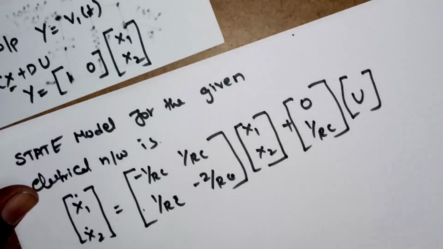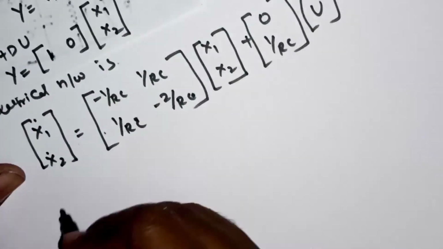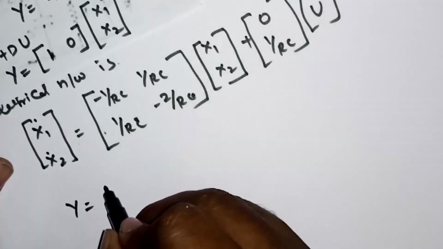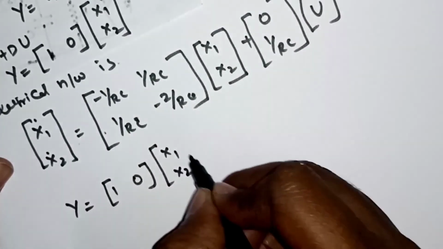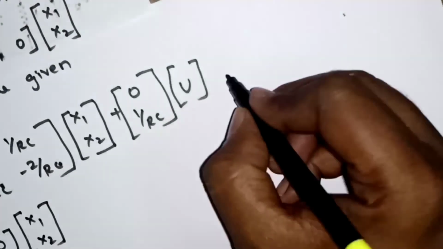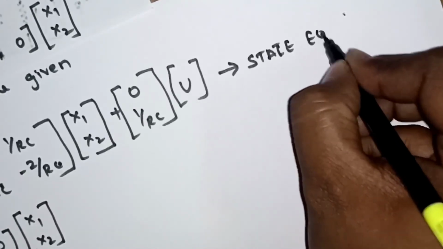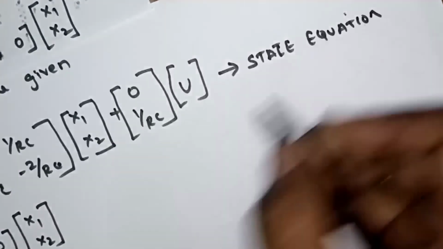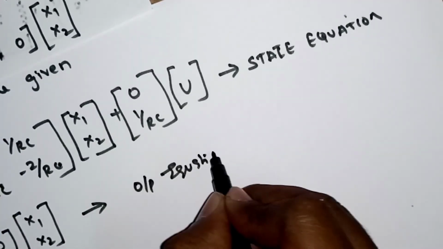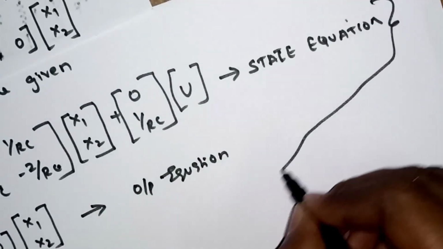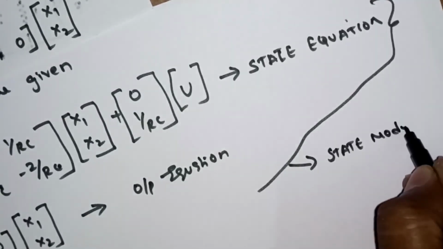And coming to the output equation, y is equal to 1 0 times x1 x2. So this is the state equation and this is the output equation. Both of these together are called the state model.